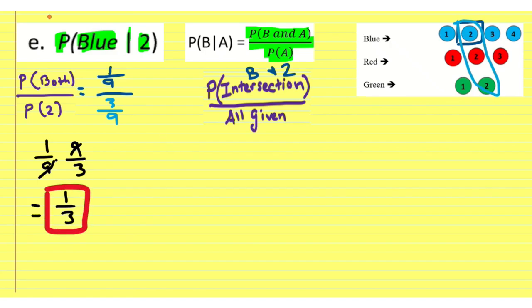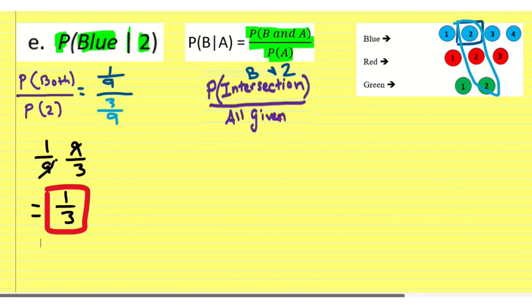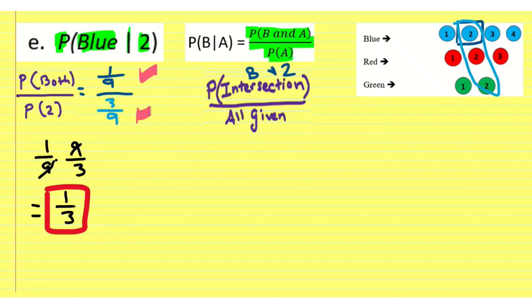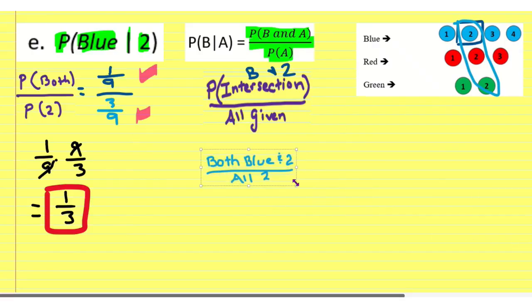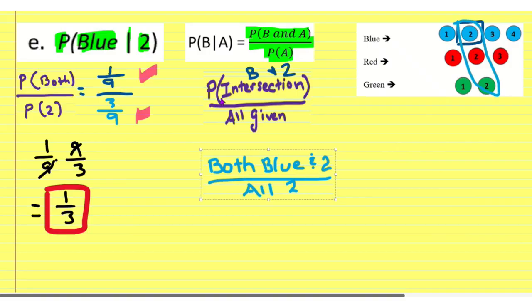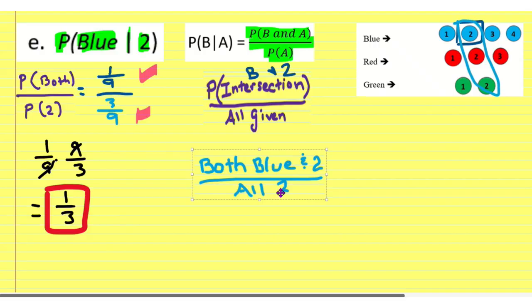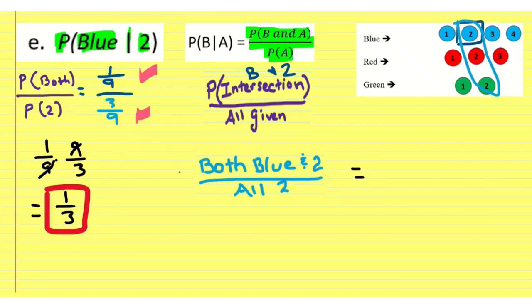However, I'm going to show you a shortcut. So we've got this fraction divided by a fraction, and we do this work, but we can shortcut. We can still think of it as the probability of the intersection divided by all the given, which is the probability that they're both blue and 2 divided by all of the 2. Well, how many marbles do I have that is both blue and 2? Well, I just had that one blue 2.